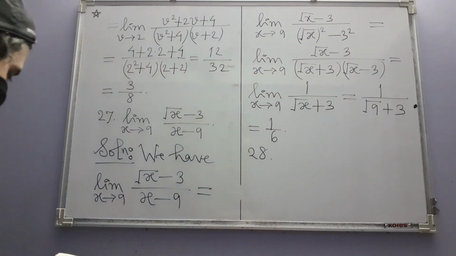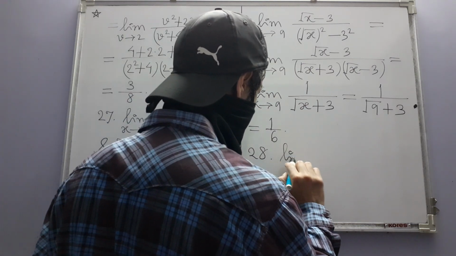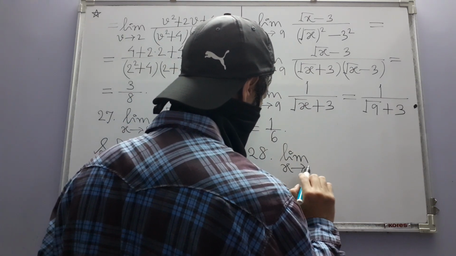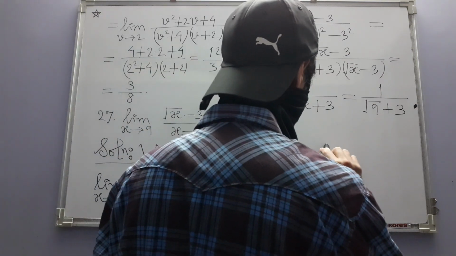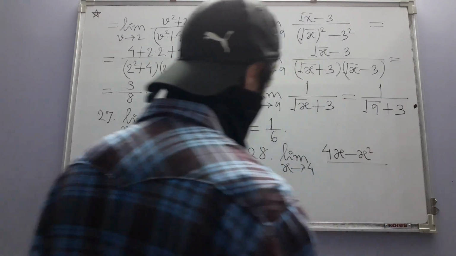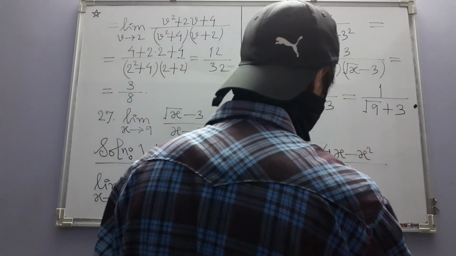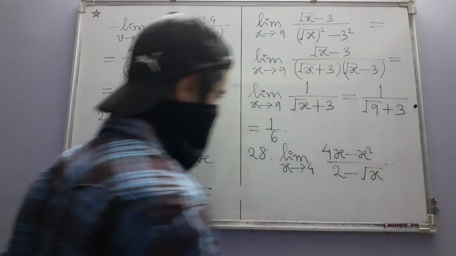Next, 28. Here x is approaching 4 and the function is 4x minus x square divided by 2 minus square root of x.